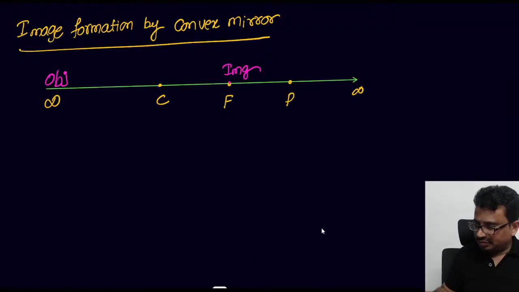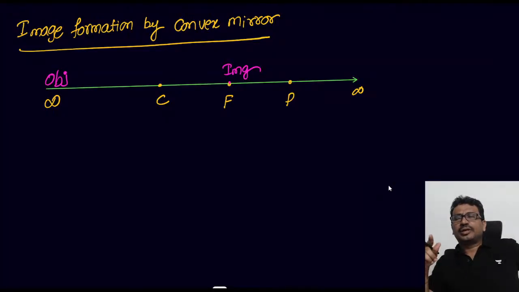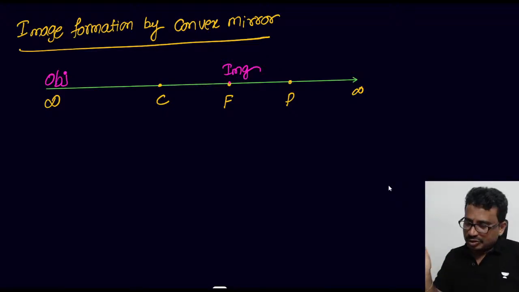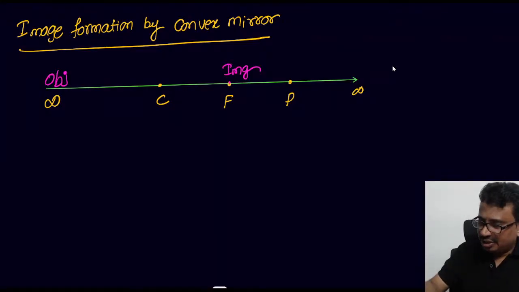And what is the nature of this image? A convex mirror forms only what type of image? Virtual diminished image will form. So when the object is at a very long distance, the image nature is virtual, erect and diminished.